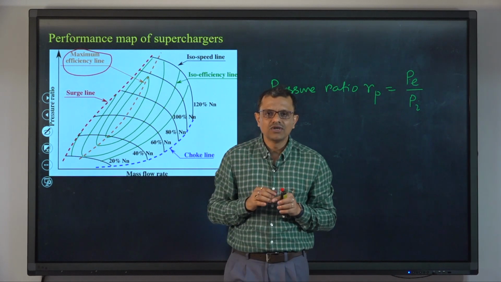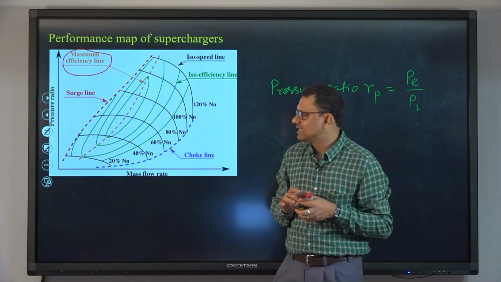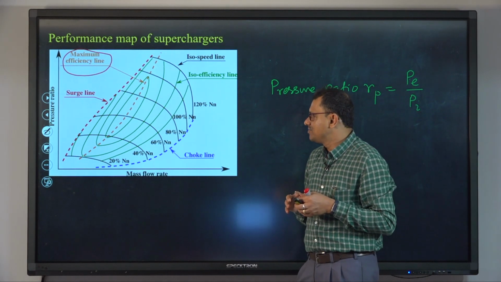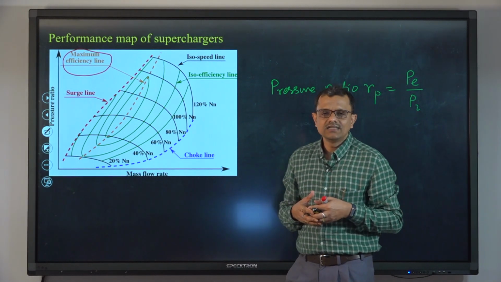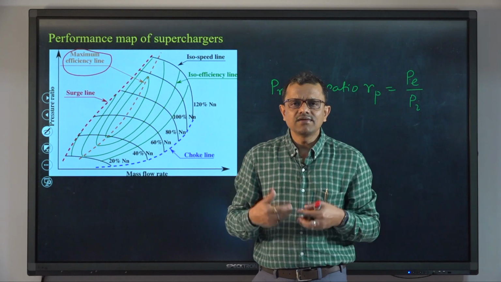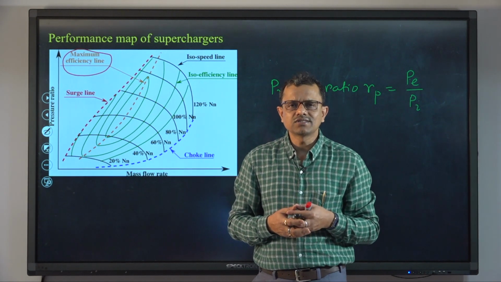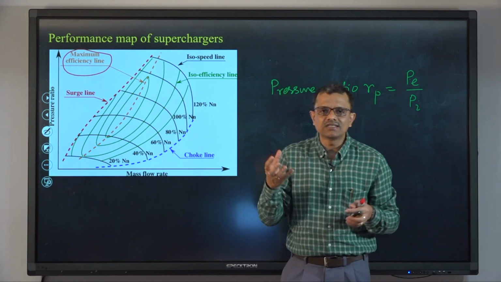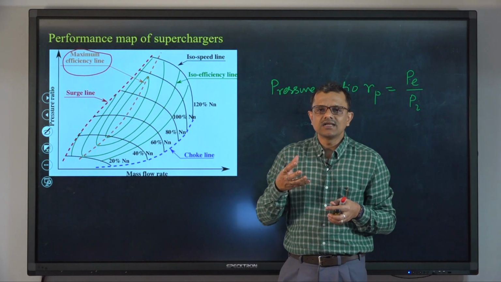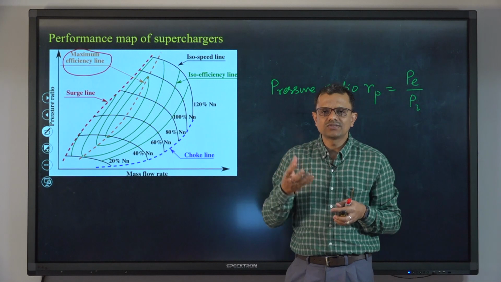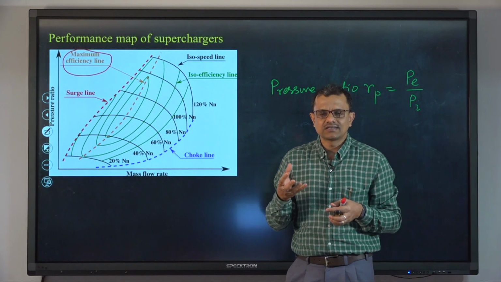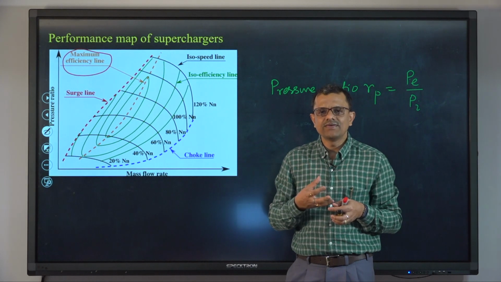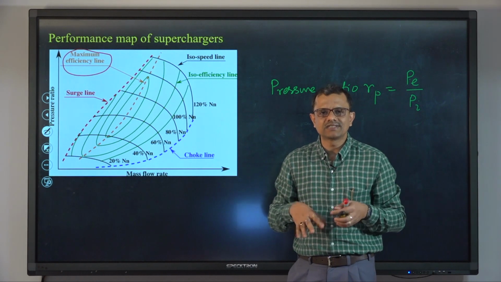Now, let us talk about the significance of these two lines, that is, the surge line and the choke line. The surge line is very important because surging is really an undesirable phenomenon in the context of compressor operation. It is nothing but oscillation, that is, as the air is allowed to pass through the compressor, it oscillates between the inlet and exit of the compressor, and this phenomenon is associated with flow reversal as well.